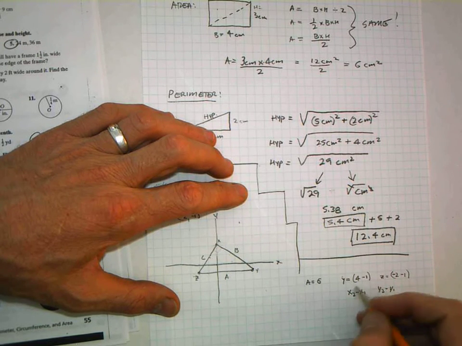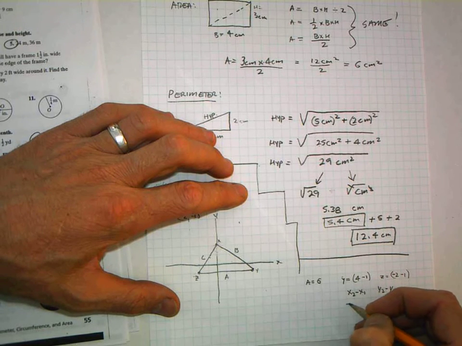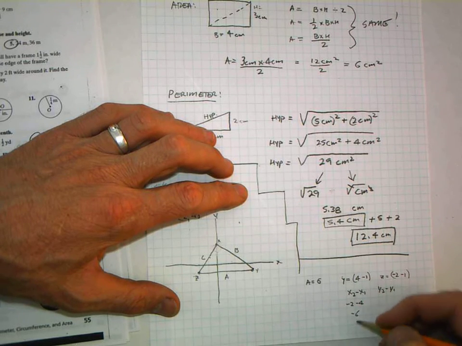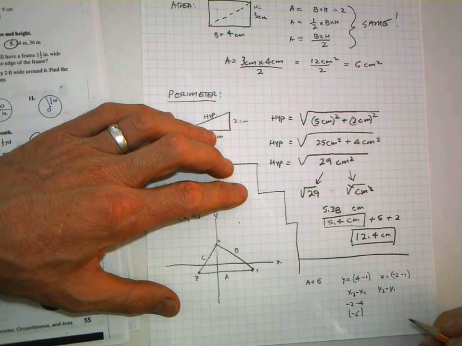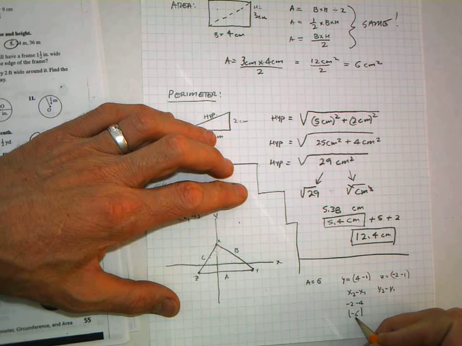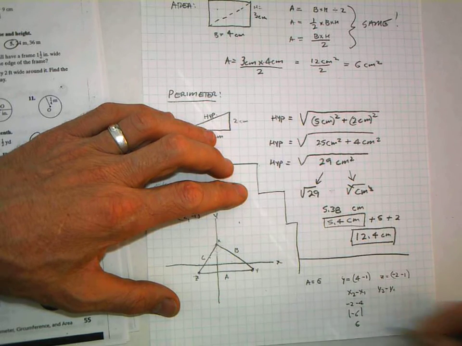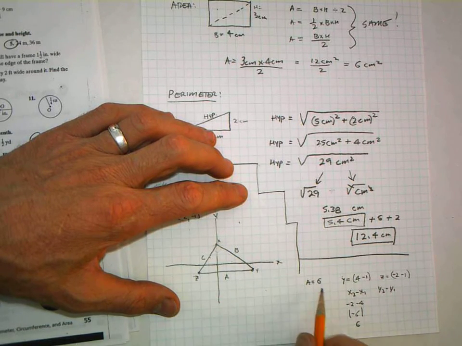So let's put some numbers in here. x2 is going to be this one over here, minus 2. x1 is going to be minus 4. What is minus 2 minus 4 more? That's minus 6. And the way it shows, it has the absolute value mark, which means the minus sign basically goes away and it's just the number, so it is 6. And hey, it worked. This answer agreed.